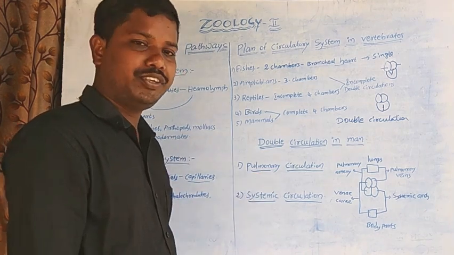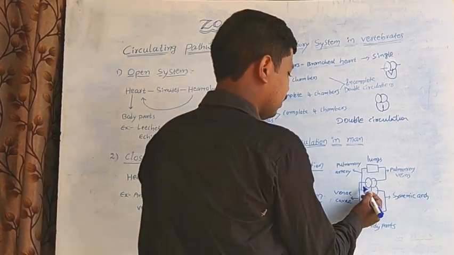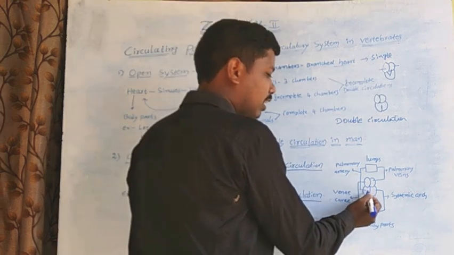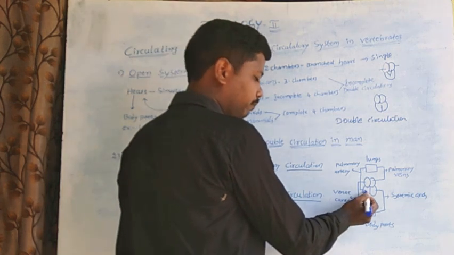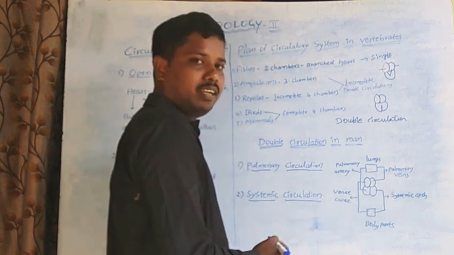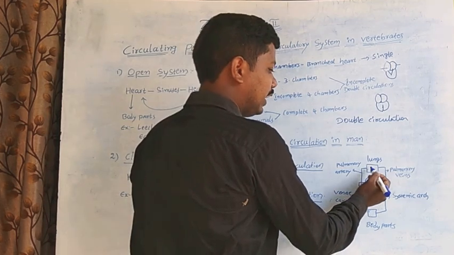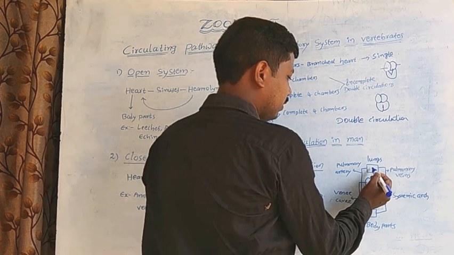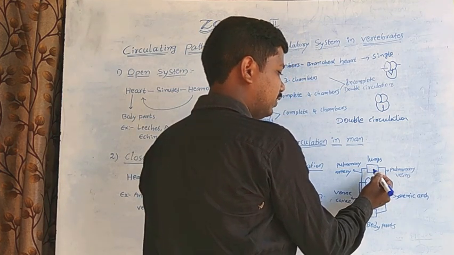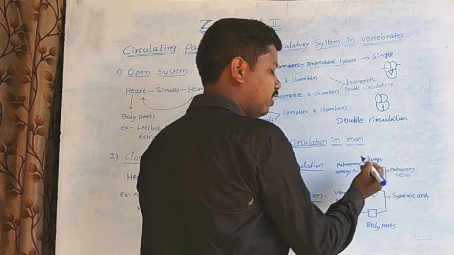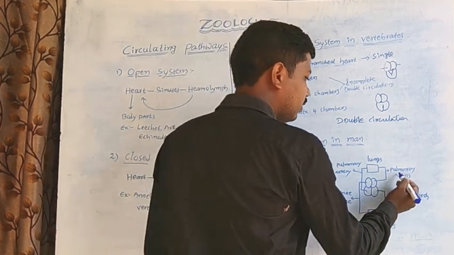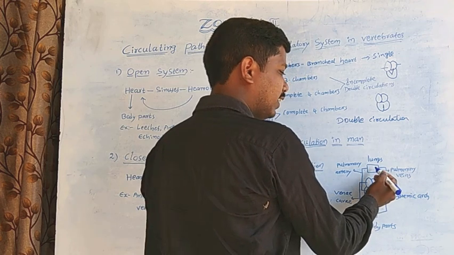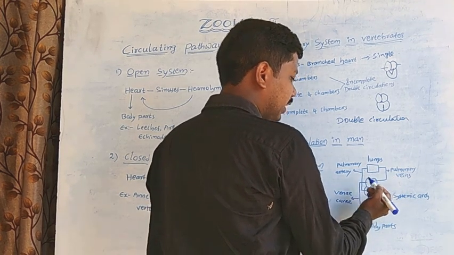In pulmonary circulation, the pulmonary artery carries the deoxygenated blood from the right ventricle to the lungs. The deoxygenated blood is purified in the lungs, and pulmonary veins carry oxygenated blood from the lungs to the left atrium.